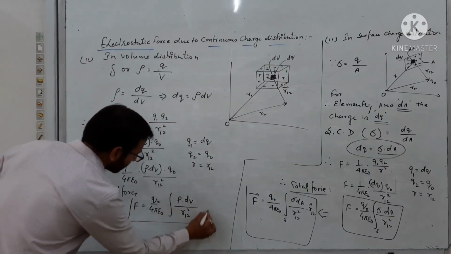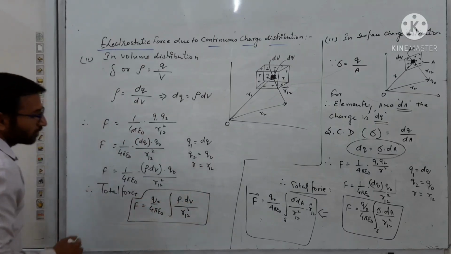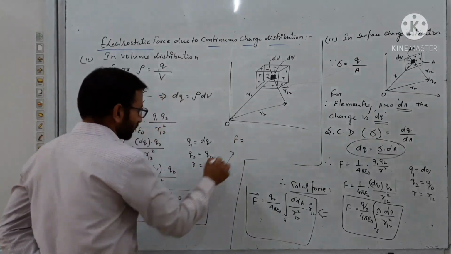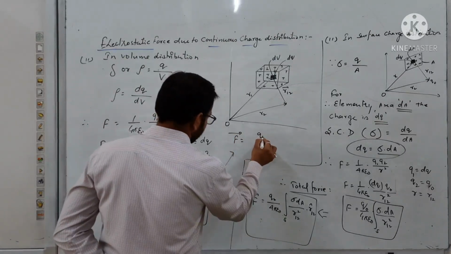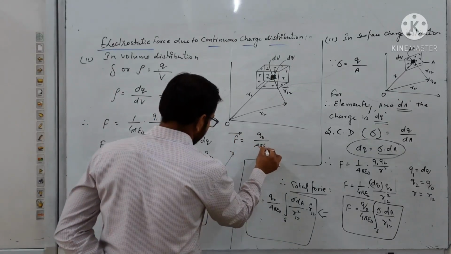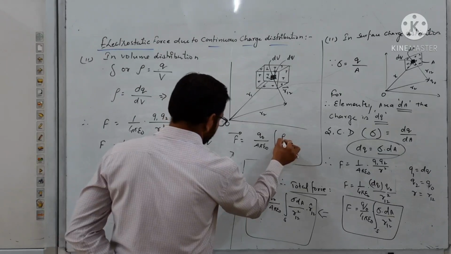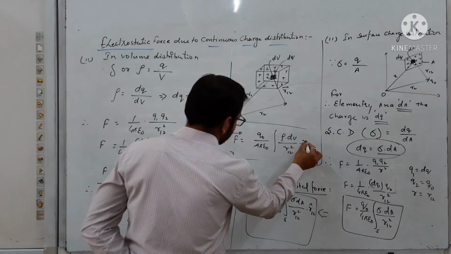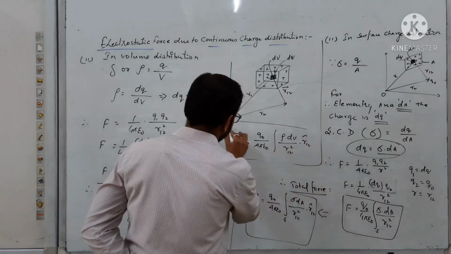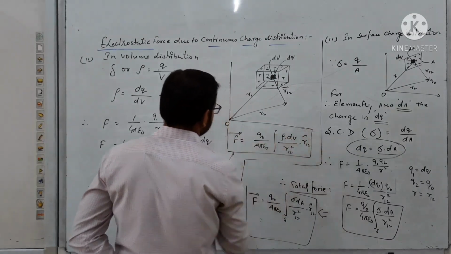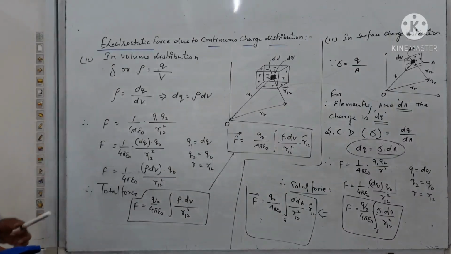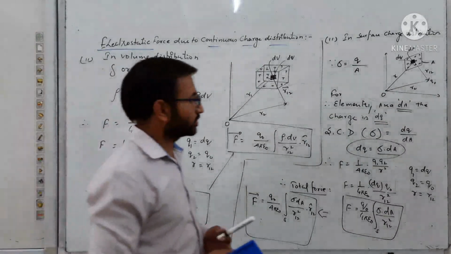In vector form you will do the same thing and apply R12 cap. Point is clear. So this is the electrostatic force due to the continuous charge distribution.